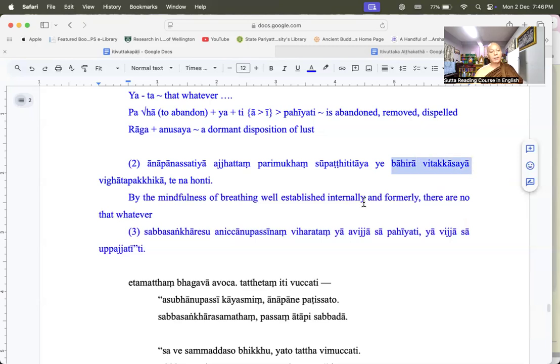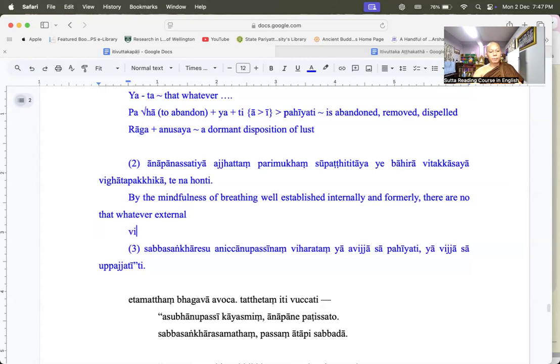Bahira means external, whatever external vitakkasaya. Now we need to know vitakka and asaya. Vitakka means thought, as we already know.